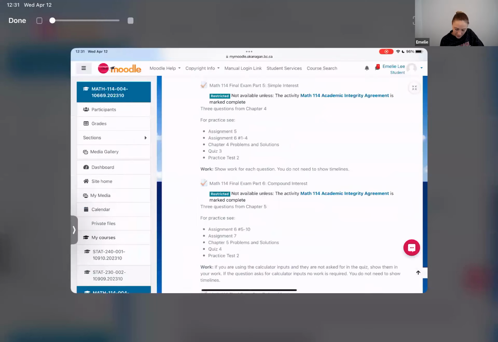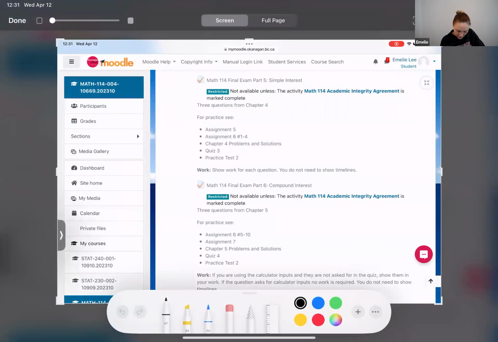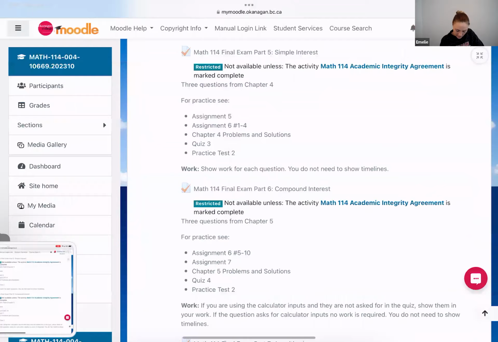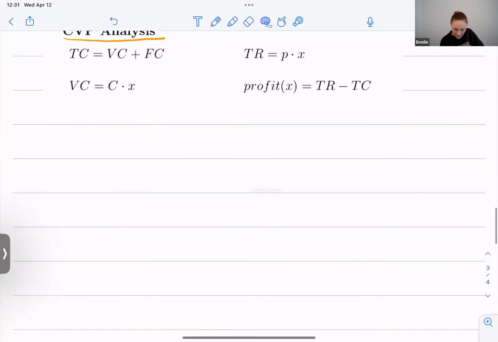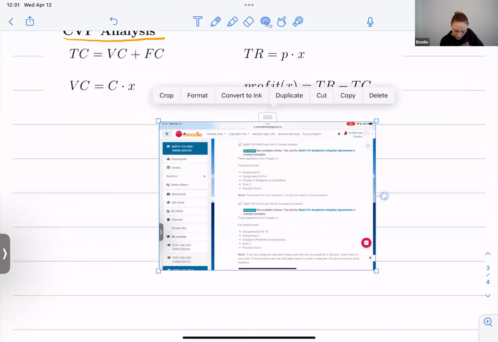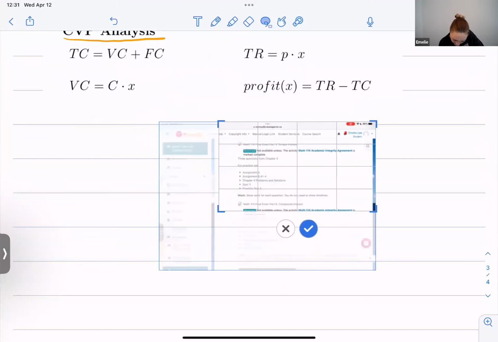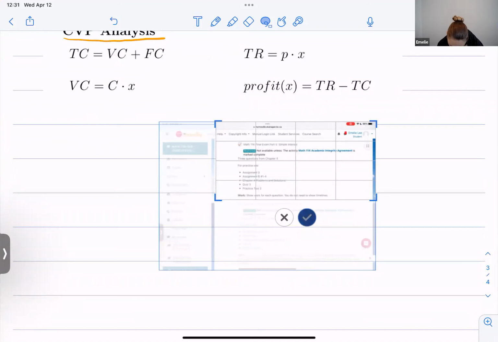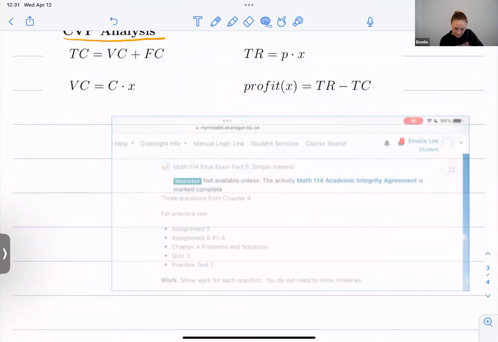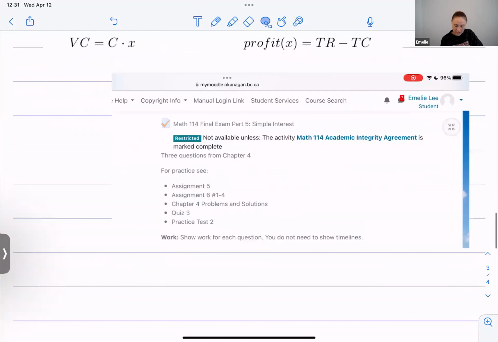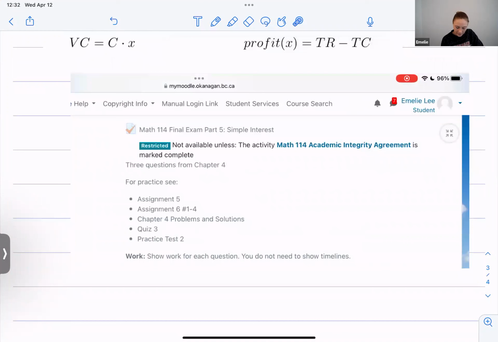All right. Let's do simple interest. Notice how it's just working through the formula sheet. That's how the course has been, so it's no surprise. Part 5 is on simple interest. I'll even make this a bit bigger.